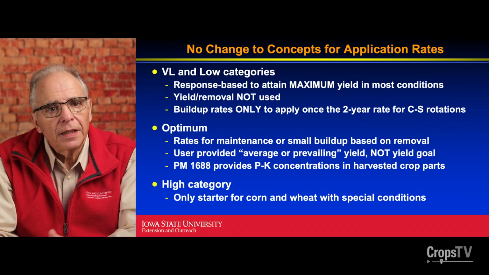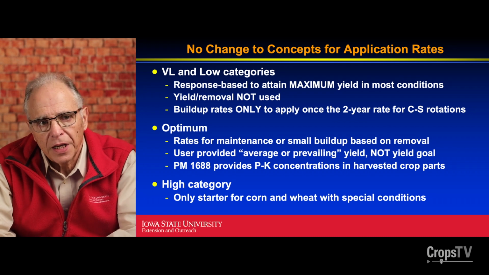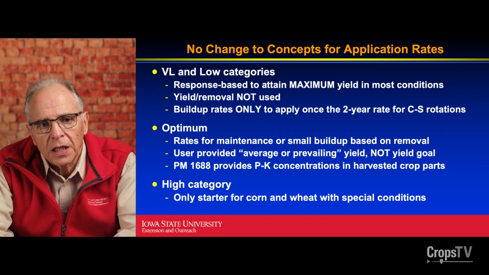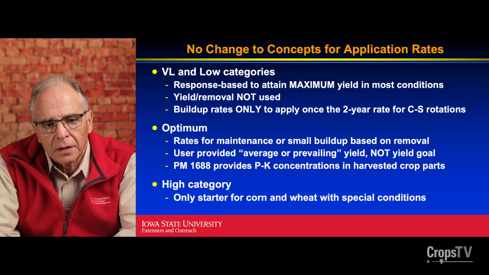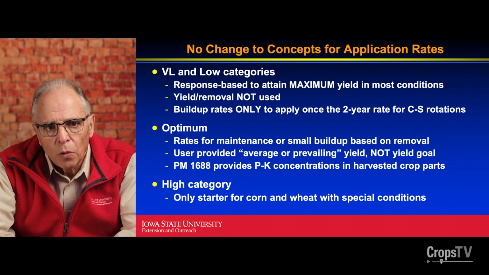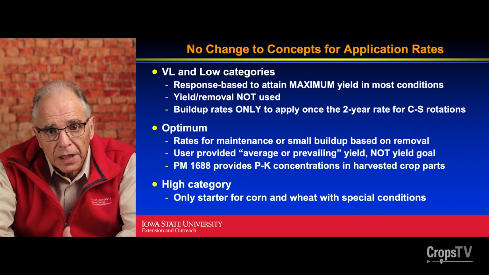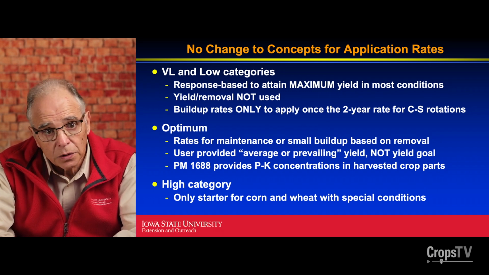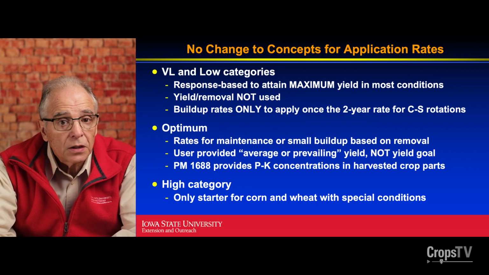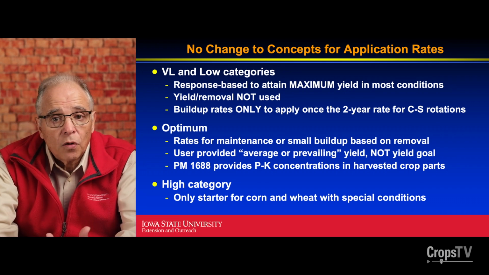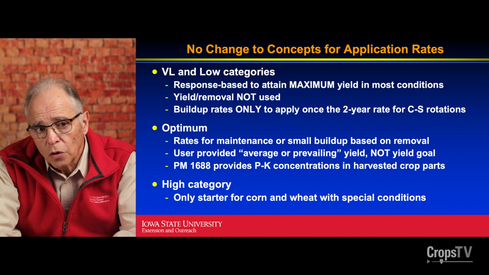Now, we didn't change the concept for the application rates either. For the very low and low categories, these are response-based. We look at the trials and the responses. And for the rates that we recommend, the objective is to attain maximum yield in most conditions. We do not use yield removal for this rate. And we do not recommend build-up rates for more than, for example, the 2-year corn soybean rotation.